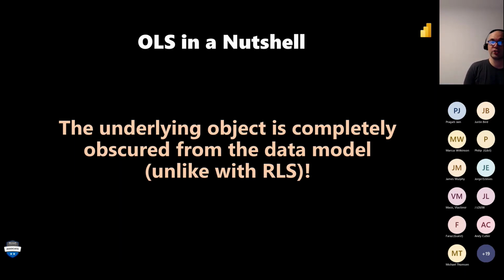Now we are talking about object level security. Before object level security was introduced in Power BI, there were some tricks and workarounds to hide the whole table from specific users, but it's now much easier with having this object level security feature under our belts.